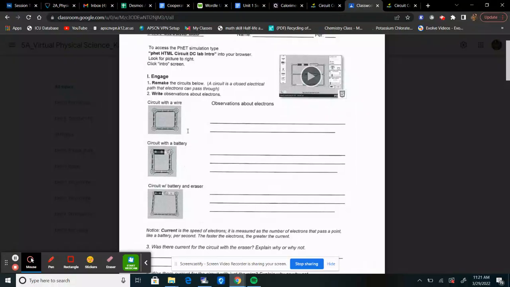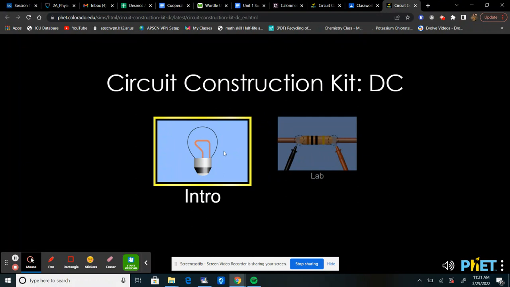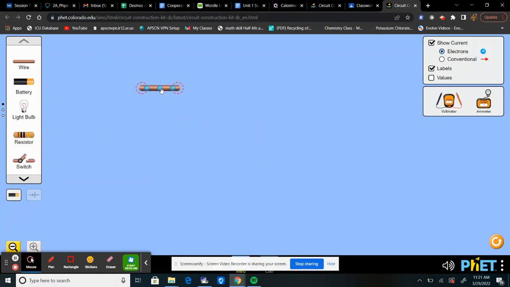This circuit is simply made of wires. And so let's go into intro. You'd want to make a circuit of only wires. So match it up here. Oops. So apparently it is a little touchy. Here we go.